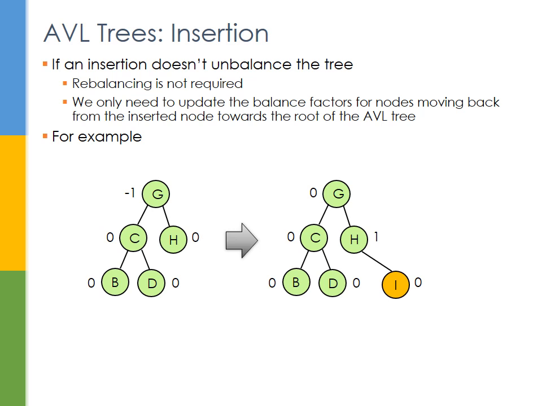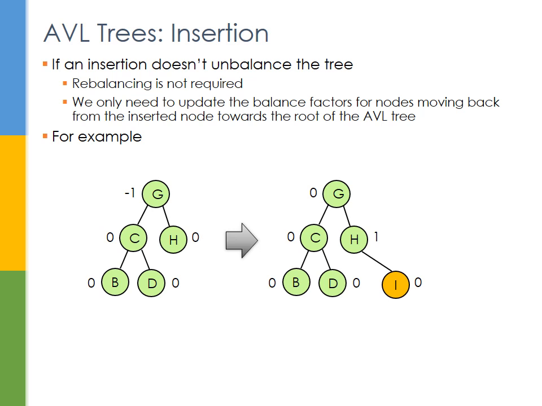So now we assume that we are inserting one additional node, and this is just a regular insertion as we would do with any binary tree, and this then results in I being inserted at this point as the right child of node H. Now, of course, the new node that has been inserted is a leaf node, so this means that its balance factor must be 0 because it has no right or left children.